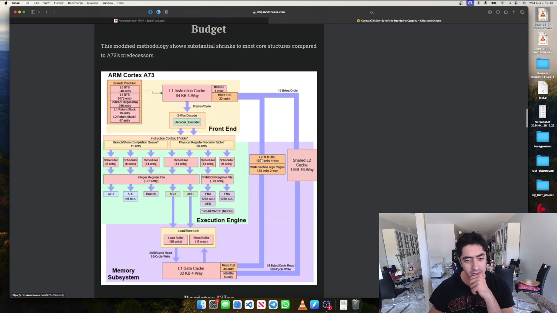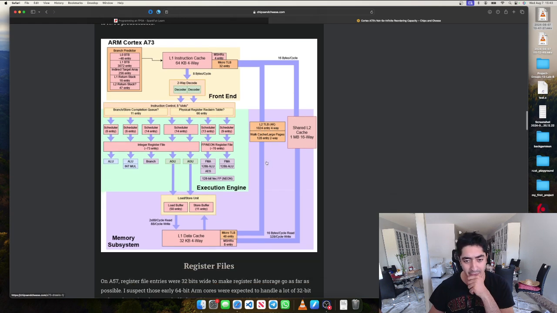You have your L2 TLB 4K 1024 in 3 4-way. Walk cache large pages 128 in 3 2-way. Then shared L2 cache 1 megabyte 16-way. And then you have 16 bytes per cycle read, 32 bytes per cycle write.